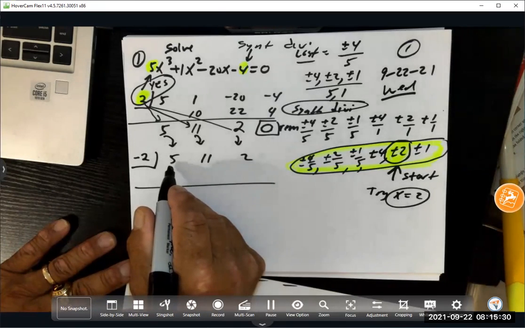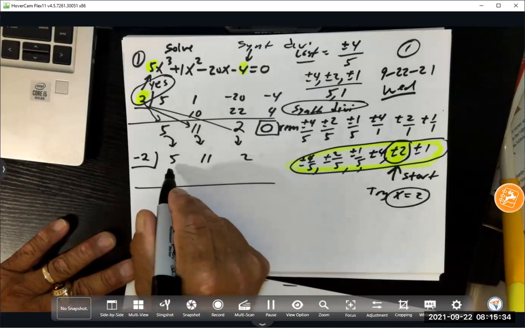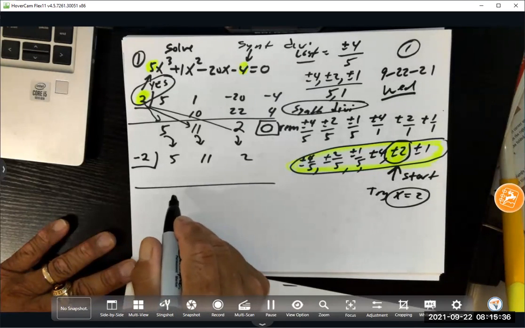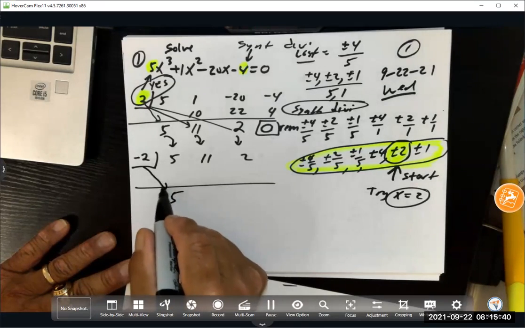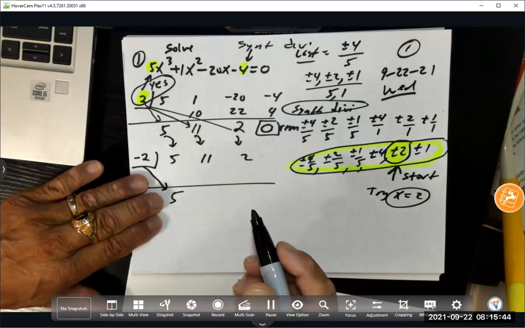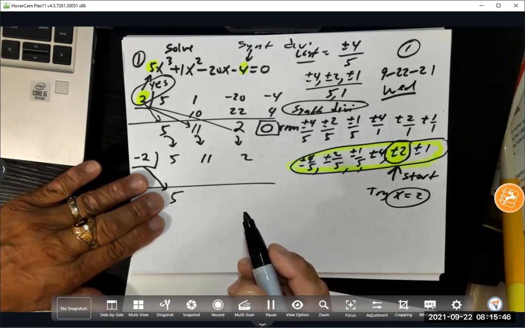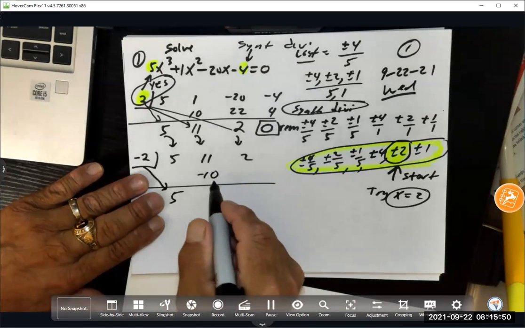Where's 5 go? Okay, 5 goes down the bottom. Down here, right? And what's negative 2 times 5 in your calculator? Negative 10. Yes. What's 11 minus 10?